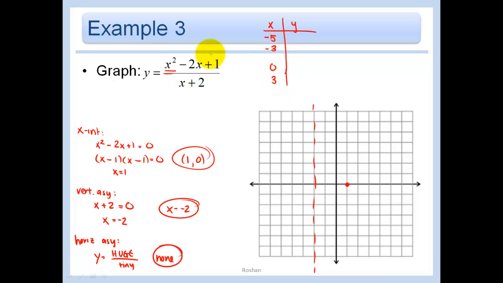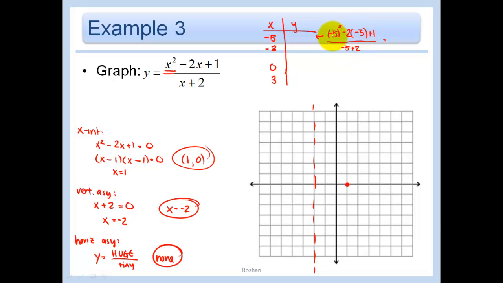We cannot assume symmetry here, of course, because we are not squaring everything at all. So let's do the -5 first. So we have (-5) squared minus 2 times -5 plus 1 over -5 plus 2.